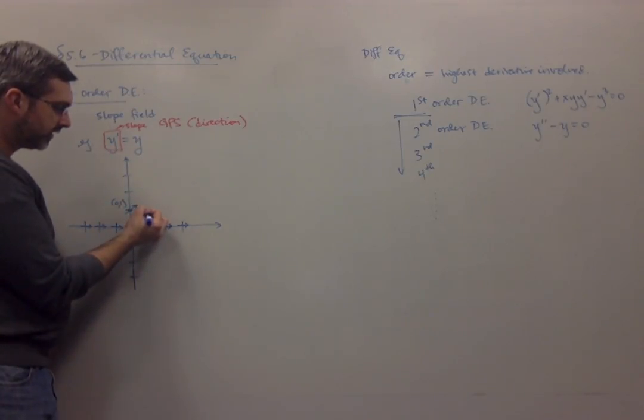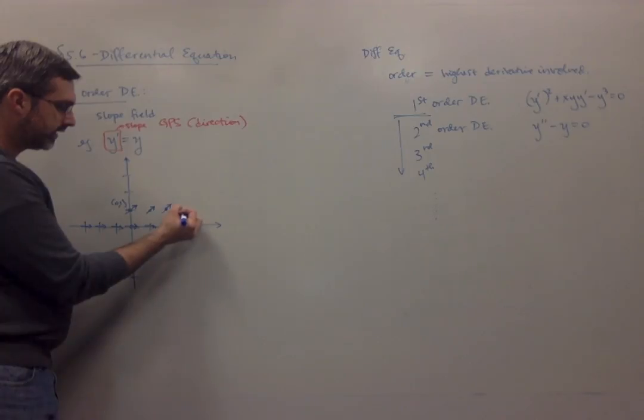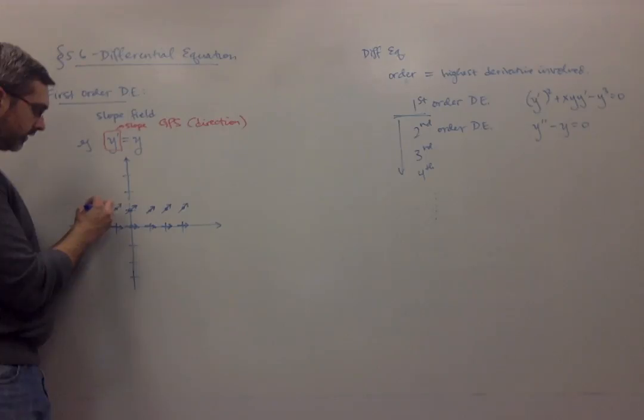The slope there is also 1. At 2, 1, the slope is 1. At 3, 1, the slope is 1. Okay, so I'm just going to draw everywhere where the y value is 1, the slope is 1.